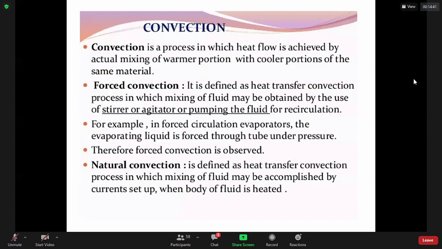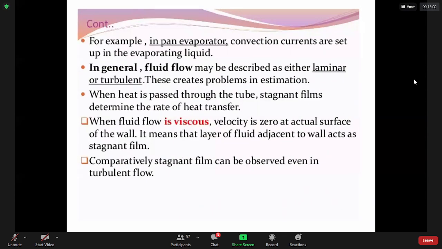Convection. Convection is a process in which heat flow is achieved by actual mixing of warmer portions with cooler portions of the same material. We've looked at forced convection. We have also looked at natural convection, and I've already explained those very well. So in a pan evaporator, convection is set up in the evaporating liquid, so that is forced convection.